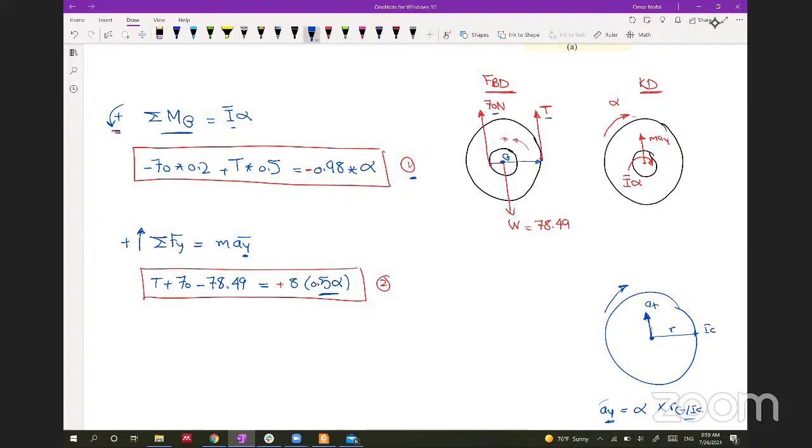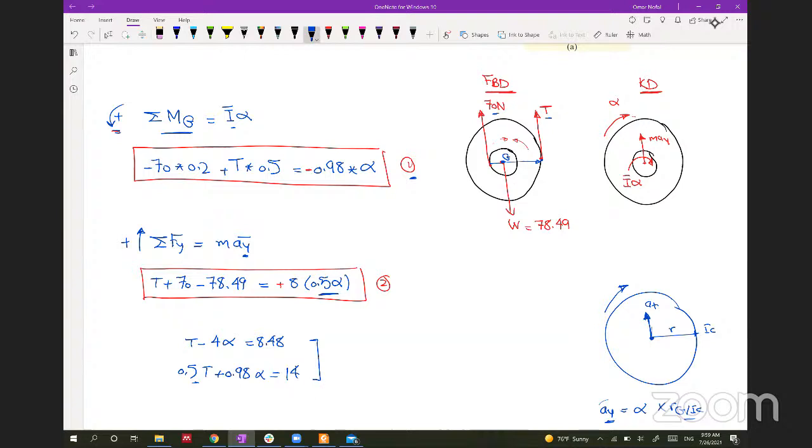So if you reconstruct this equation, it will be T minus 4 alpha equal to 8.48. And the second equation will be 0.5T plus 0.98 alpha equal to 14.